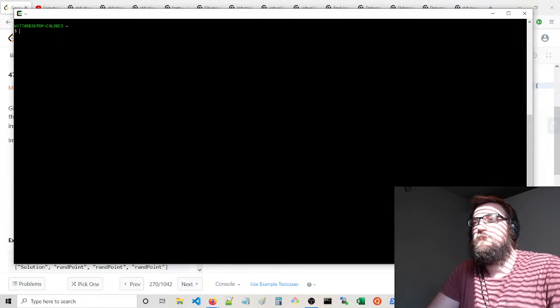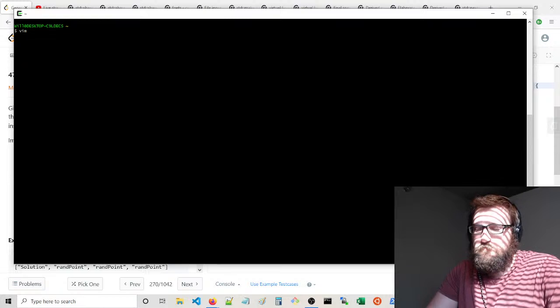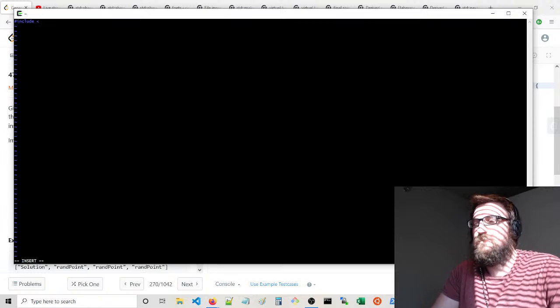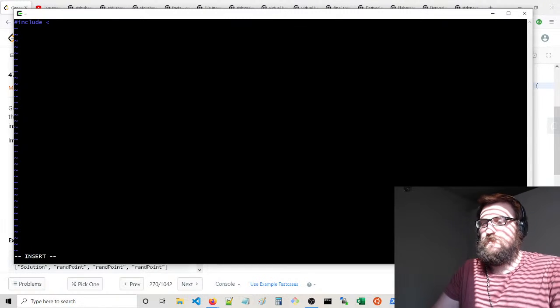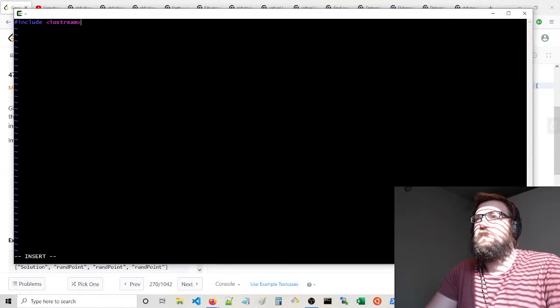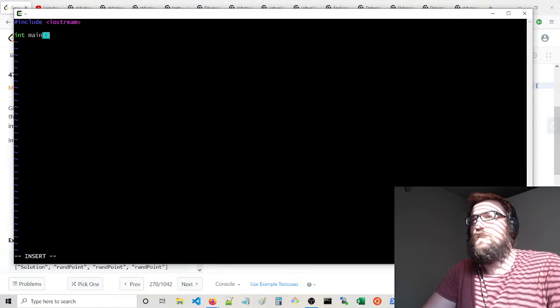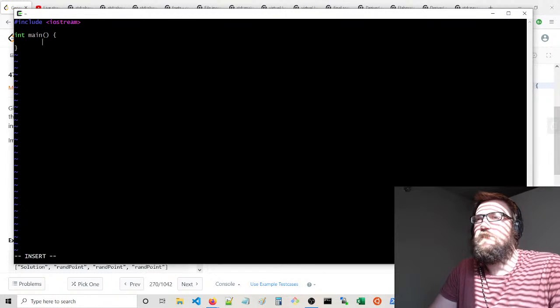So let's write a small program. Vim print CPP, iostream. I can also make the default size for this pretty large. All right, we'll use C++ to do this. Yeah, I have an idea.